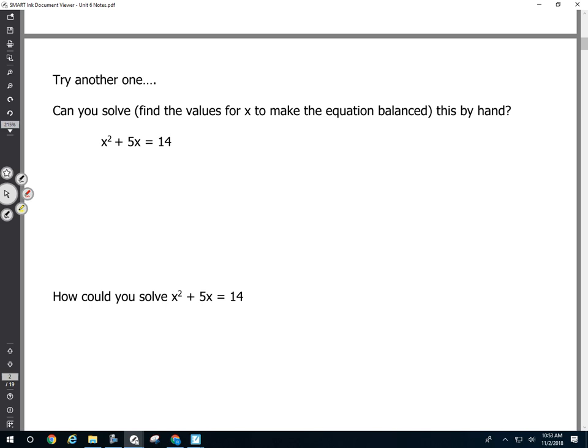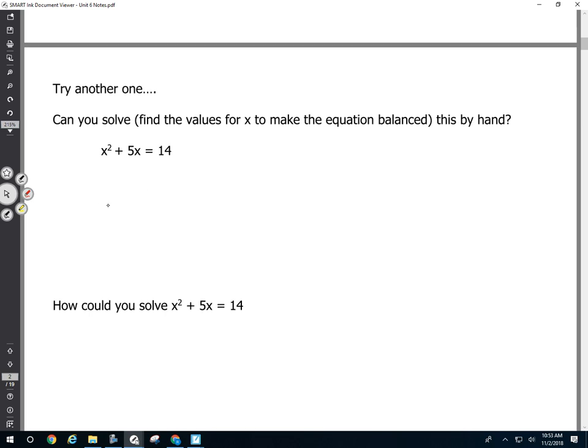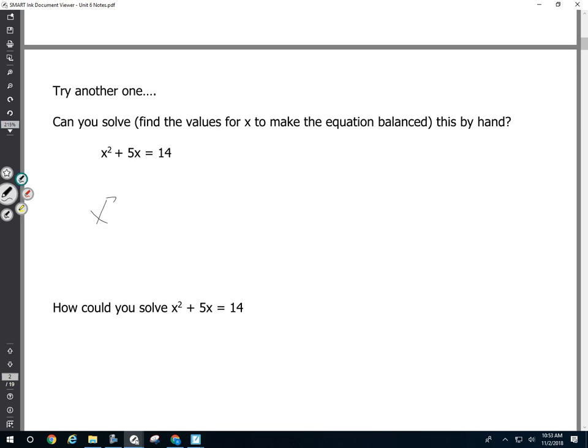Can we solve this? Well, it's kind of where we ended up with the previous problem. What I'm going to tell you is that when we have x squareds and x's, you do not want things on both sides of an equation. What you want to do instead is make sure everything's on the same side.